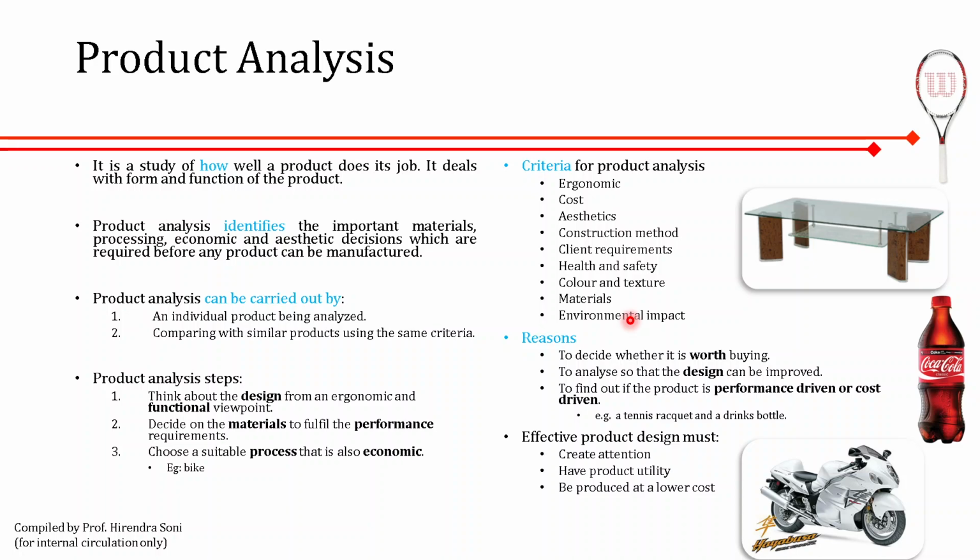Okay. So every effective product design should be able to create attention, should have product utility, and should be produced at the lowest cost possible. If you are not able to produce at the lowest cost possible, then somebody else will produce it, and then you will lose the market.